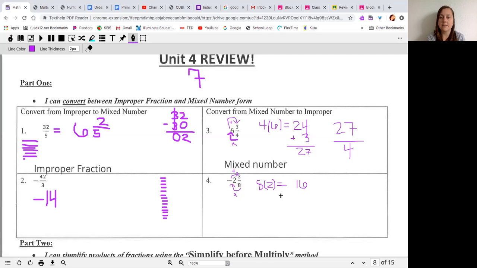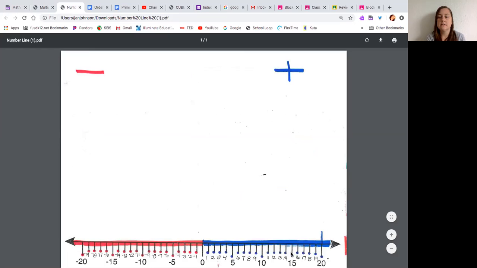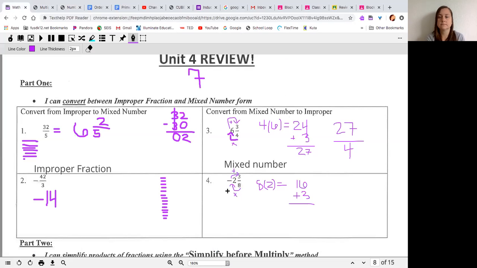And I'm adding my 3. Even though there's a negative here, we worry about that at the end. Okay, I'm not adding -3, don't stress out about that. Just adding 3. If I need to use my number line, I can. 16, okay, plus 1, 2, 3 brings me to 19. Okay.